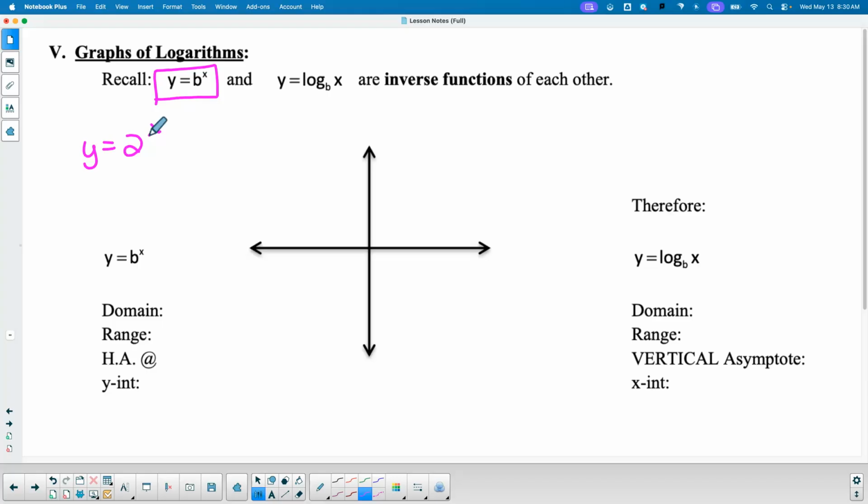So my y-intercept is the point (0, 1), which means I go through that point right there. Give me another point that it goes through. (1, 2). Give me another one. (2, 4). So it's going to come up through like this.